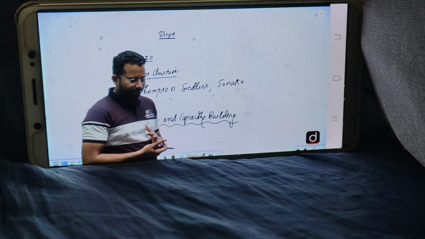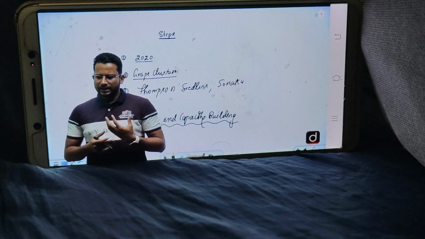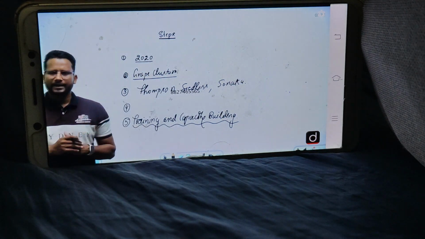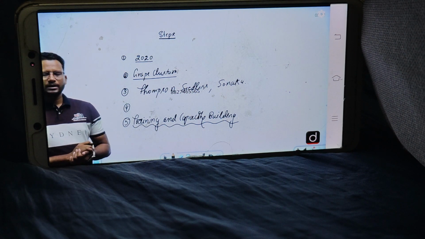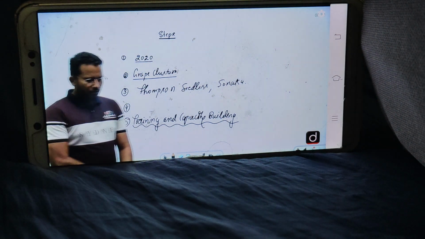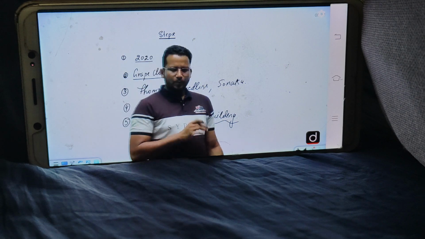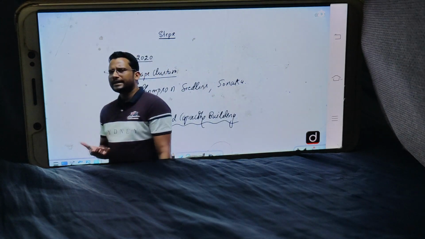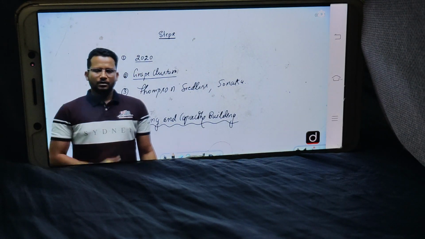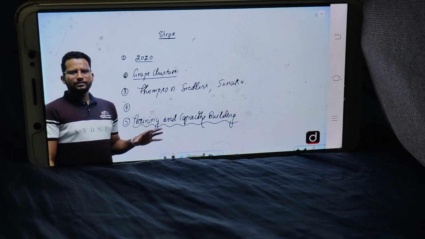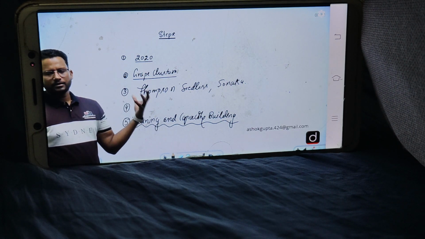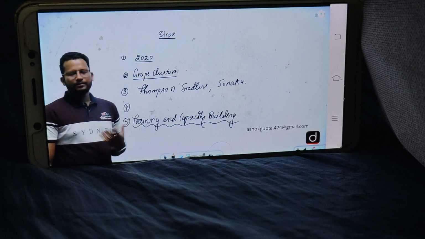Apart from that, these programs include grape cultivation techniques, that what are the techniques through which you can cultivate grapes. They include pest management, post-harvest management, marketing techniques, etc. So these are the efforts which government is making to make viticulture popular, to make viticulture beneficial.